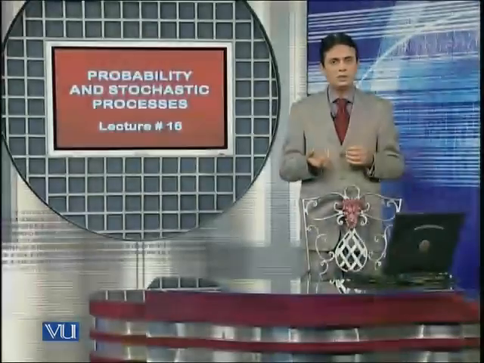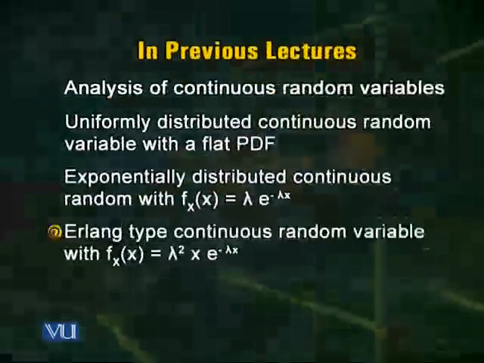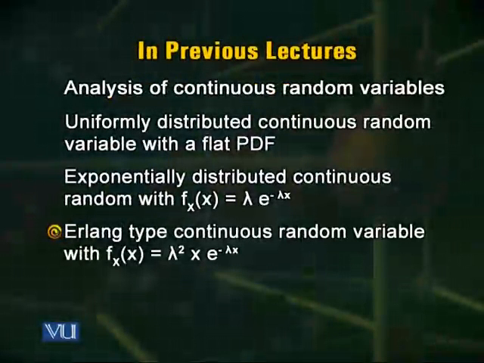After exponentially distributed random variable, we dealt with another similar random variable which had PDF of the format lambda square times x times e raised to power minus lambda x.